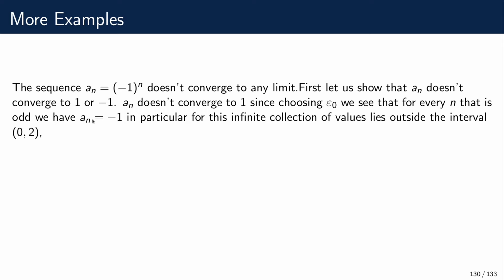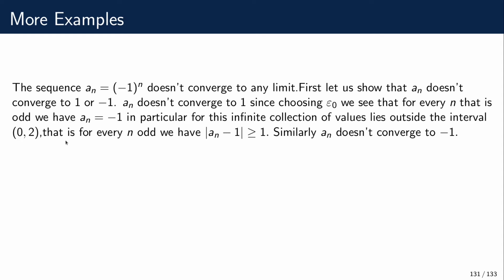All the elements of the sequence with odd index are equal to minus 1, and they're lying outside of this interval. So if we choose epsilon 0 to be 1, then infinitely many elements of the sequence will lie outside this interval, right?